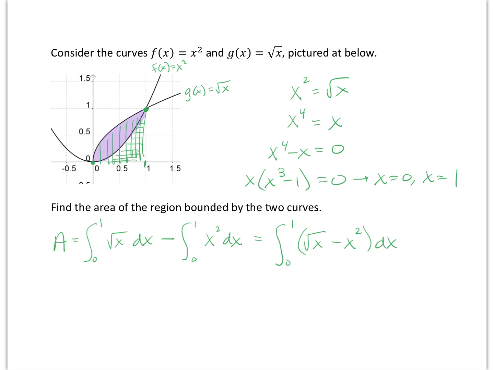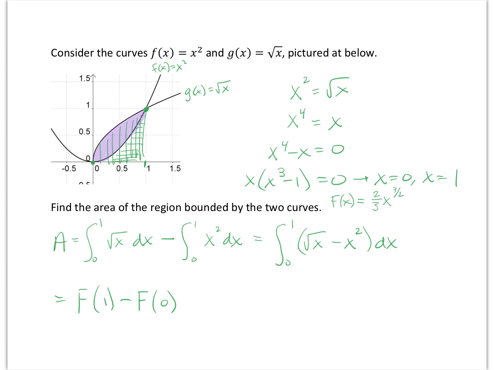dx. And this would be capital F of 1 minus capital F of 0, where capital F is an antiderivative of this function. So capital F of x would have to be, this is x to the 1/2, so it's going to be 2/3 x to the 3/2.